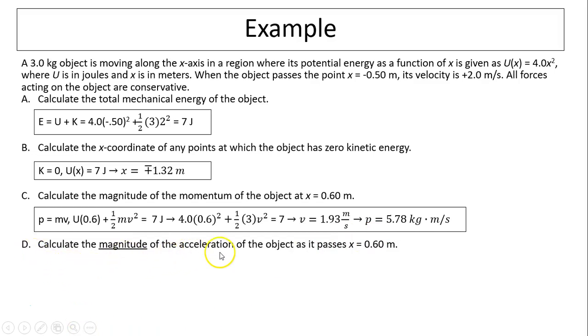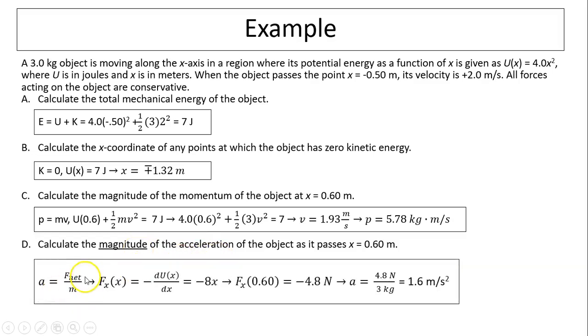Last one, calculate the acceleration. The magnitude, that means it has no direction. Well, acceleration equals net force over m. What is the net force? The net force in this case is the conservative force, and that equals negative dU over dx. So we go back to U(x) equals 4 times x squared. That derivative gives you 8x, so F equals negative 8x.